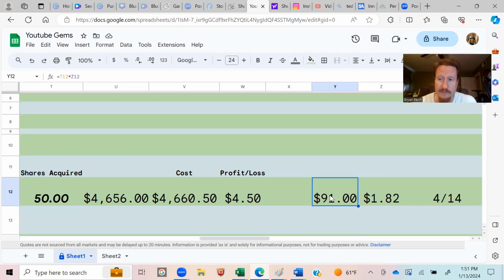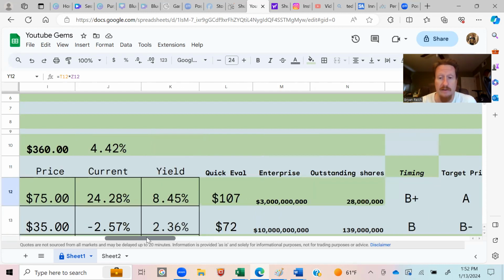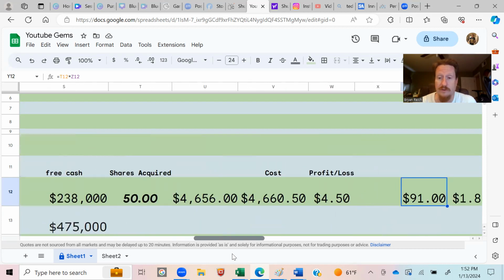And if you reinvest your dividends, which I would highly recommend, then this is automated. So this $91 goes back into the stock. So let's pretend the stock goes down to $91 on that dividend pay date, then essentially you pick up a whole share. So instead of 50 shares, now you get 51. But think if that was done every quarter for the next 5 years.